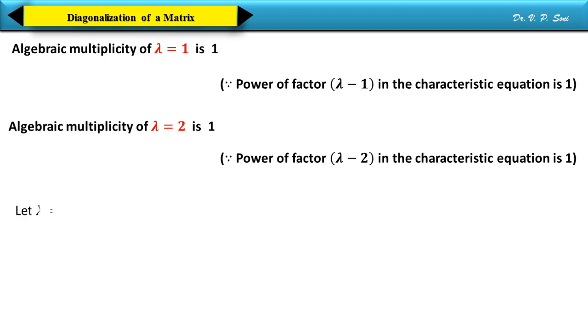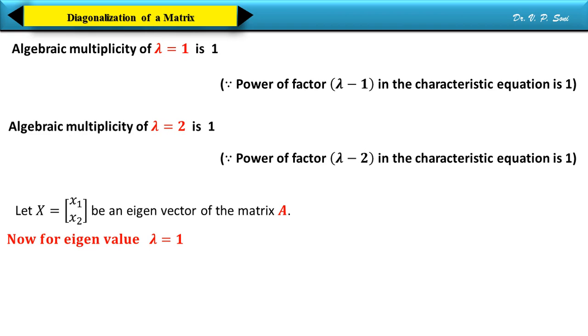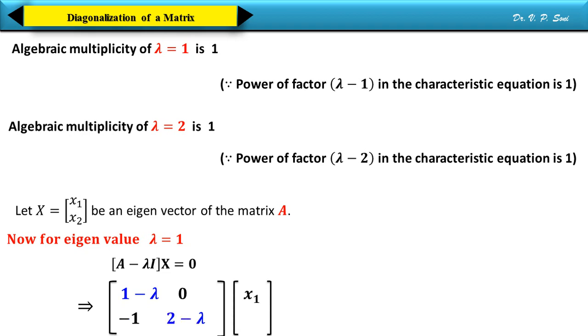Let vector x = [x1, x2] (column vector) be an eigenvector of the matrix A. Now for eigenvalue λ = 1, (A − λI)x = 0. This implies the matrix with first row (1 − λ, 0), second row (−1, 2 − λ), times the column matrix [x1, x2] equals the column matrix [0, 0].